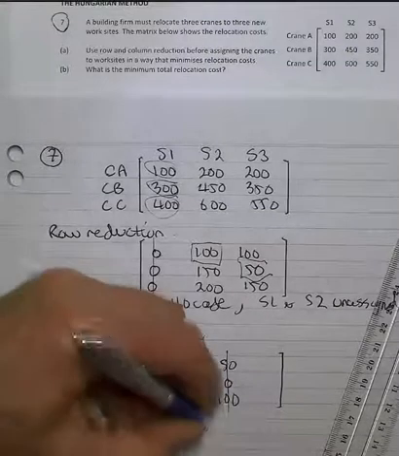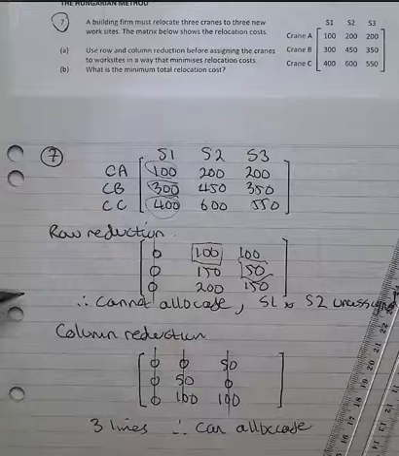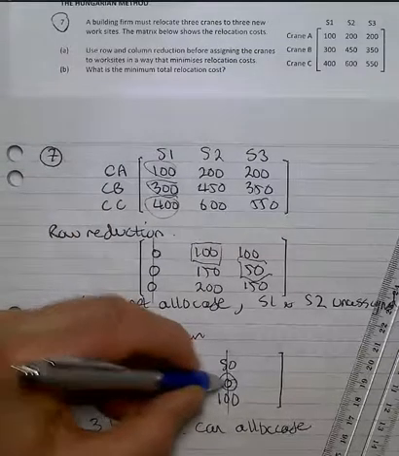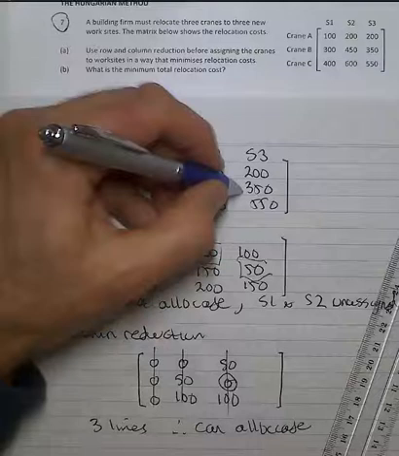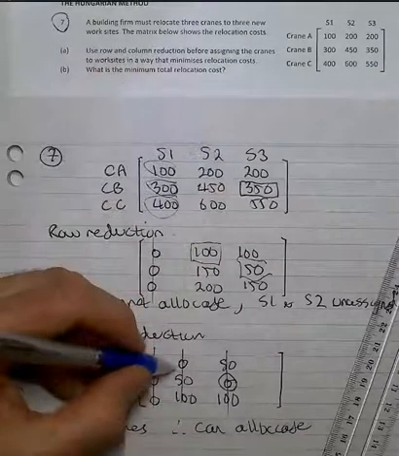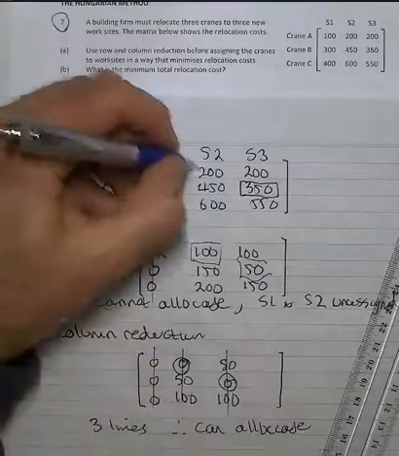So therefore I can allocate. And the way in which we do that is to look at where we've got a unique scenario first. So I'll assign crane A to site 3. I'll assign crane A to site 2.